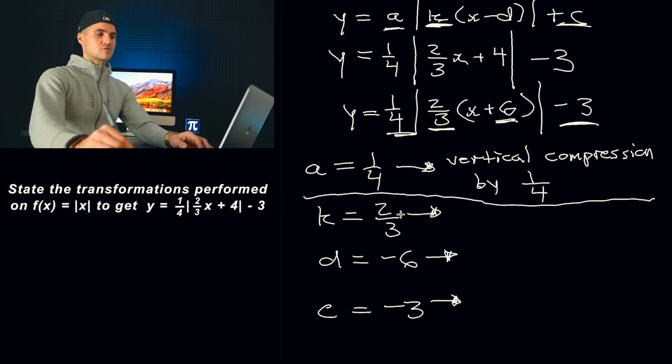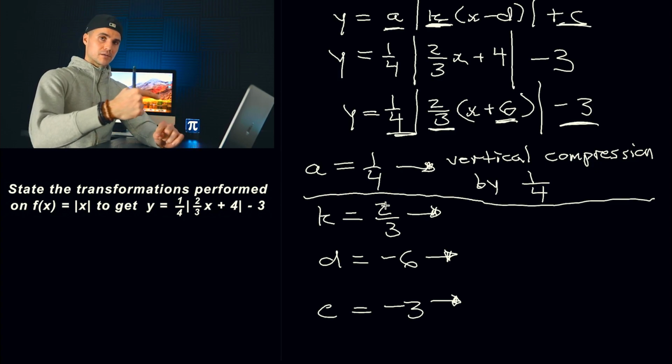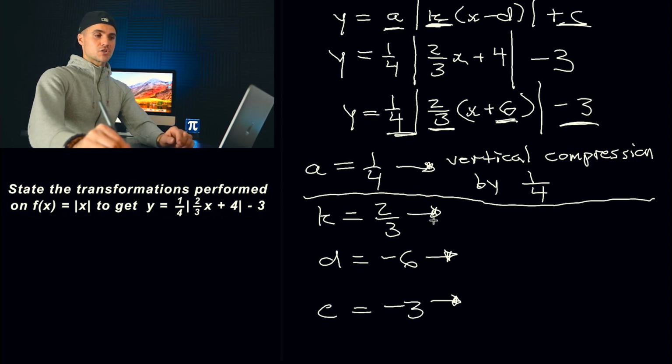Now what about this k value of 2 over 3? If you remember from the lecture videos, when we're describing the transformations of the k value, we always flip it when we're stating the transformation in words. So this k value of 2 over 3, that means that there's going to be a horizontal stretch by 3 over 2.